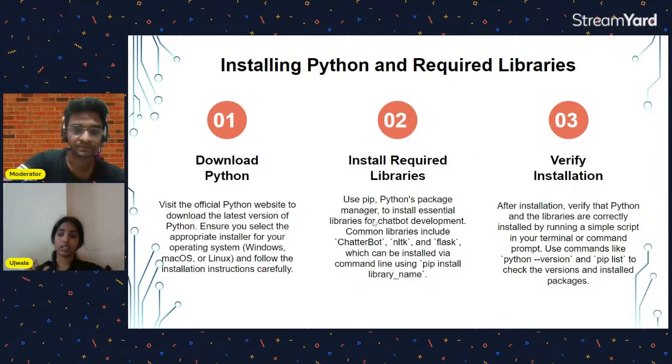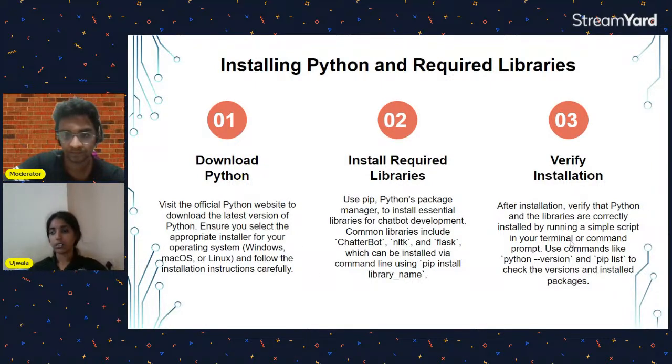Now, what is required for making a chatbot? First things first, like I told you, always use pip before installing packages. Be it OpenAI, or otherwise you can use NLTK. NLTK is a toolkit. And ChatterBot is a package that is used to create a chatbot, basically.